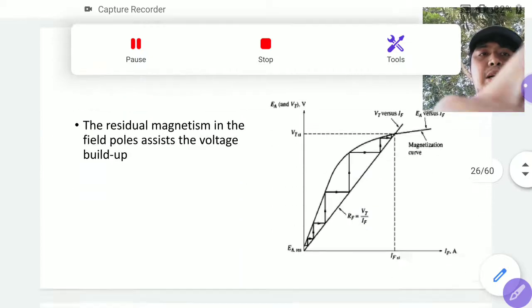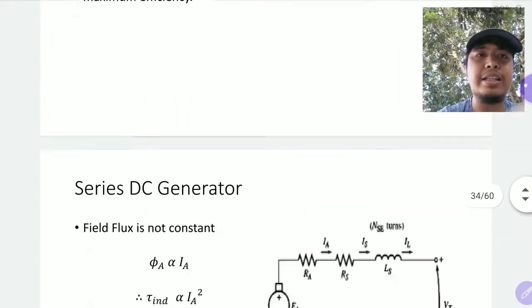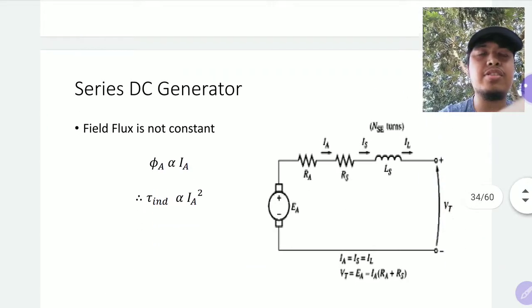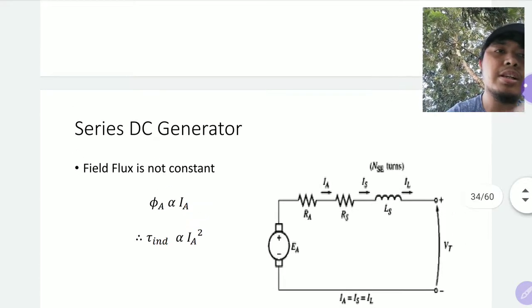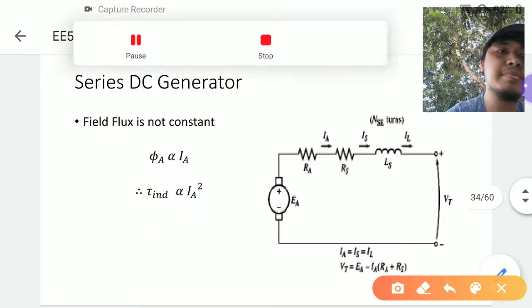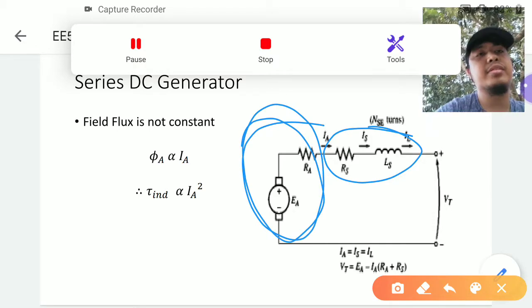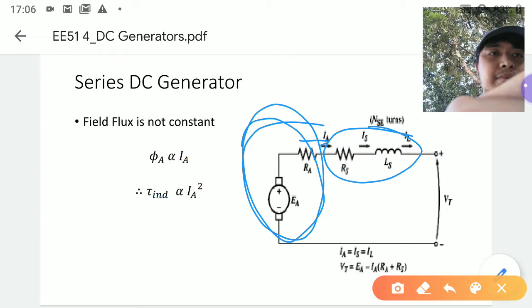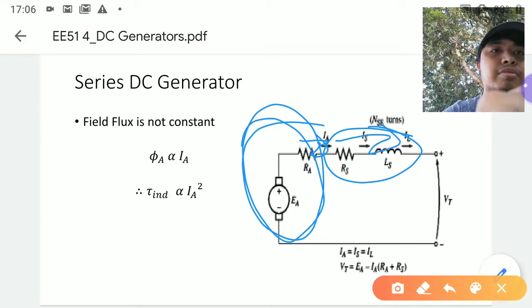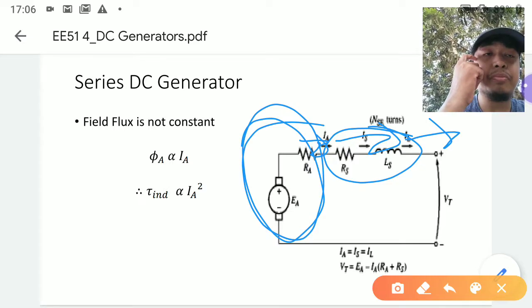Now the other one would be your series DC generator. So the idea of the series DC generator is that your field coil is in series to your armature coil. So because of this, you have an armature current that is equal to your field current, which is also your load current or line current.